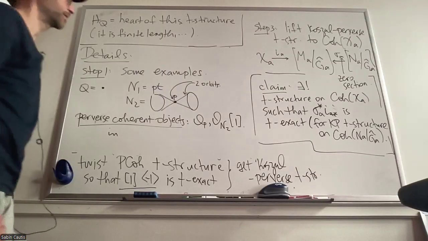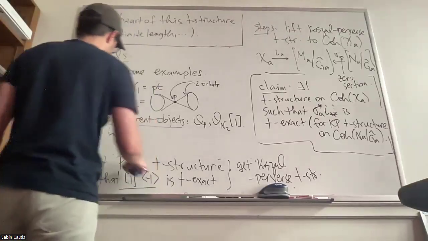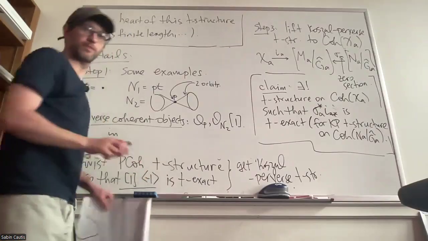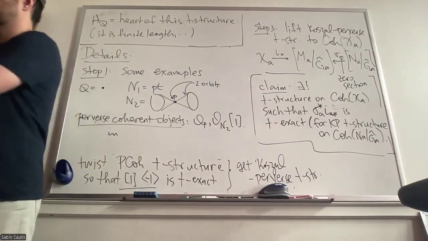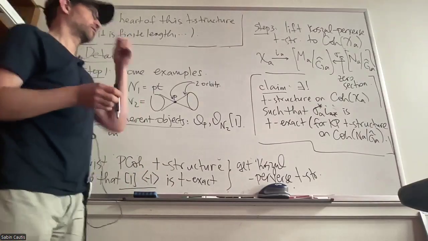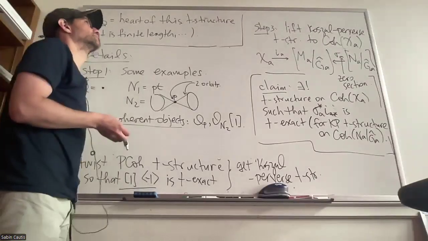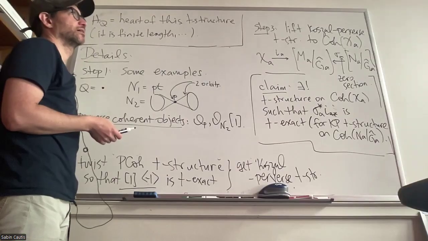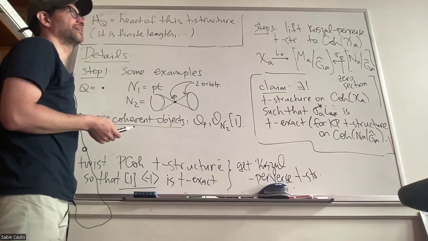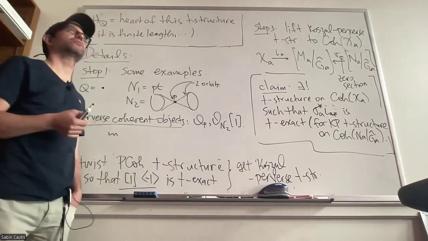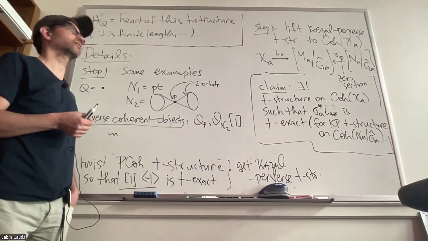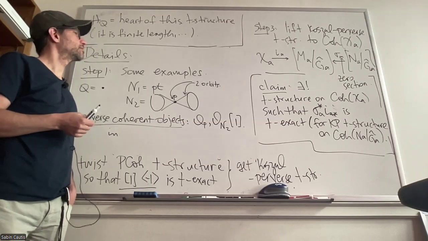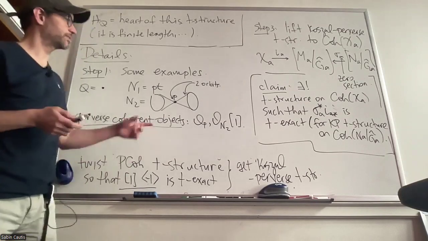One more question: do you have an example of a perverse coherent sheaf that's not concentrated in a single degree? I might be saying something wrong because I haven't played around with them for a while. Let me say it another way.